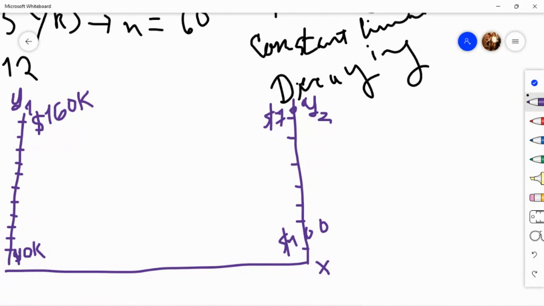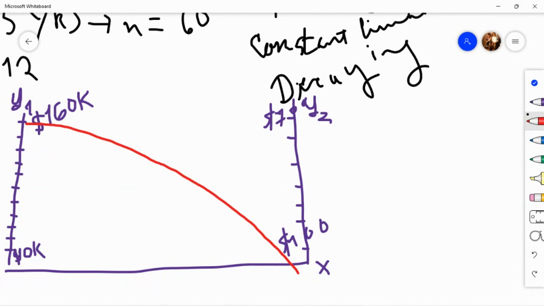Okay, with two vertical axes, we can have one curve declining. This represents 160K, 159, 150.